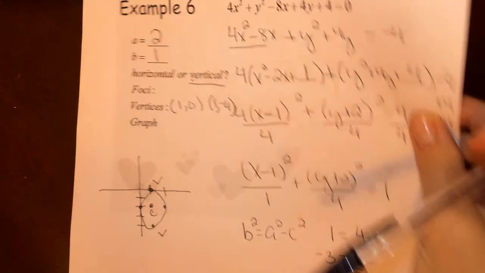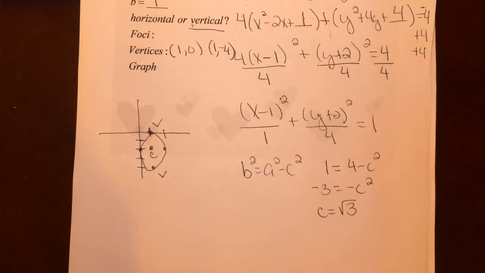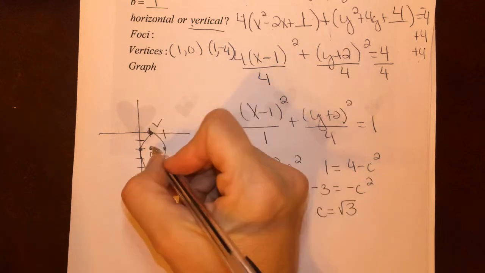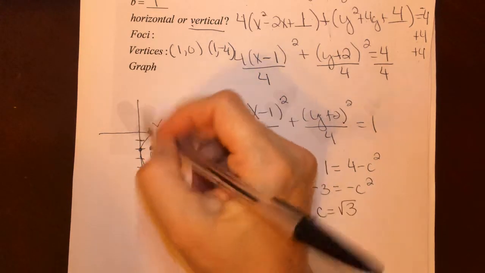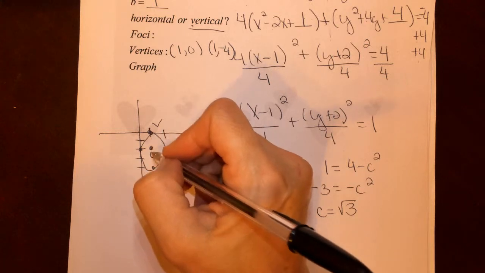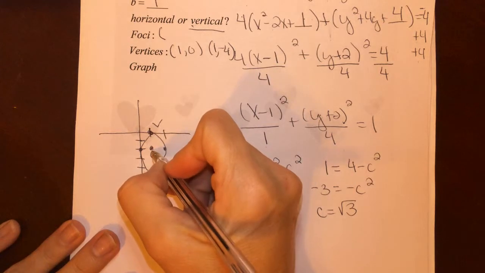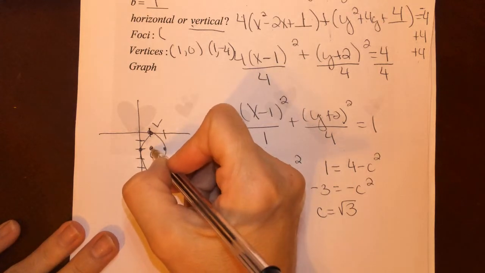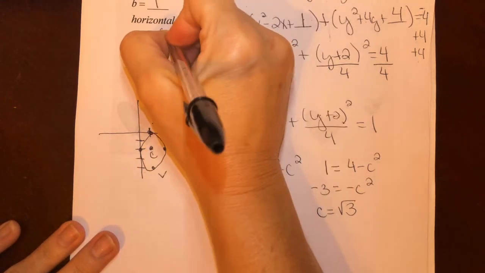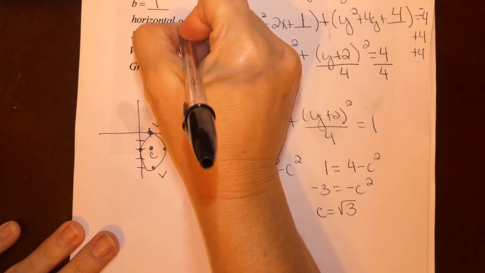Okay, well, square root of 3. So I'm going to go up and down the square root of 3 from the center. So this point right here is negative 2, and I'm going to go up the square root of 3 and down the square root of 3. I started at the negative 2, the y, so I have 1, comma, negative 2 plus the square root of 3.